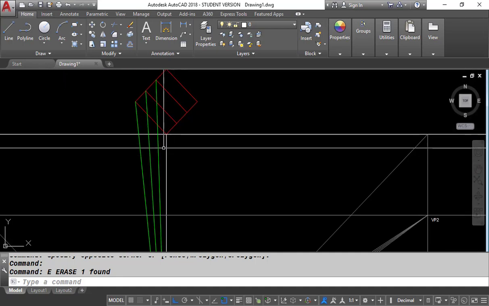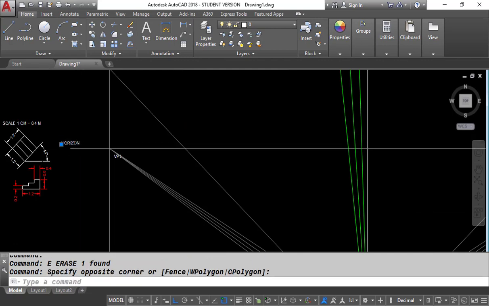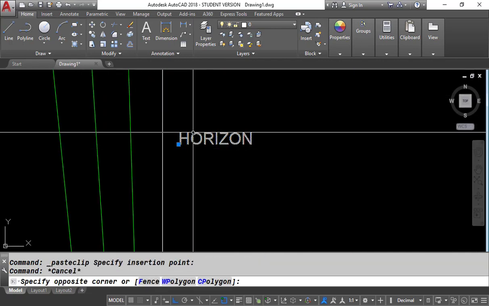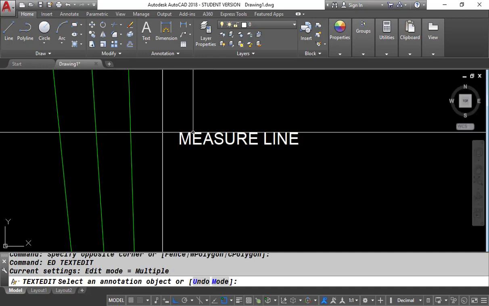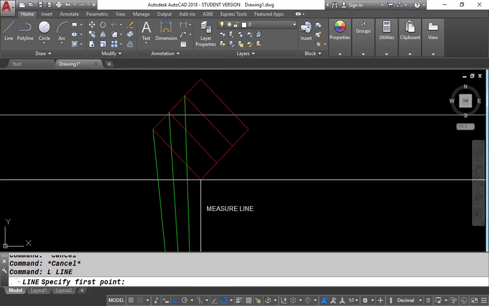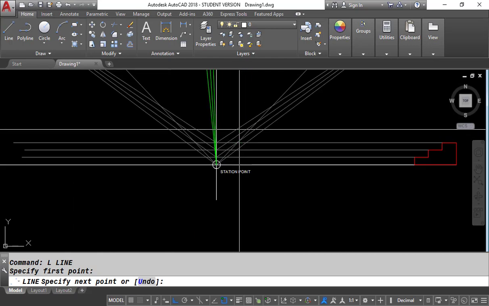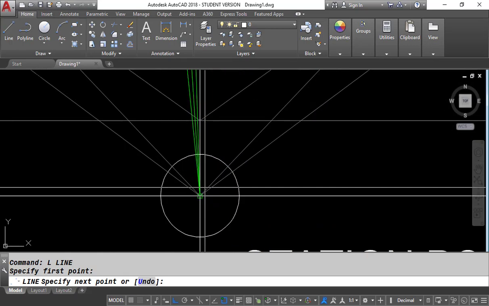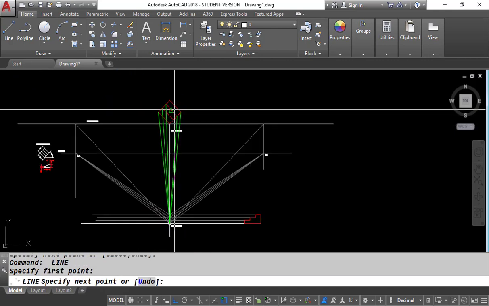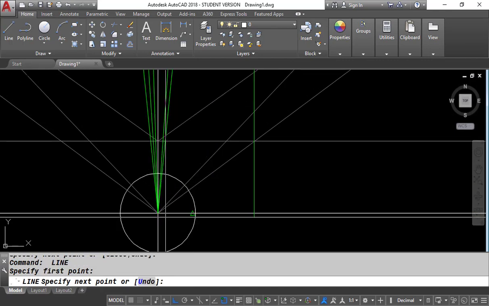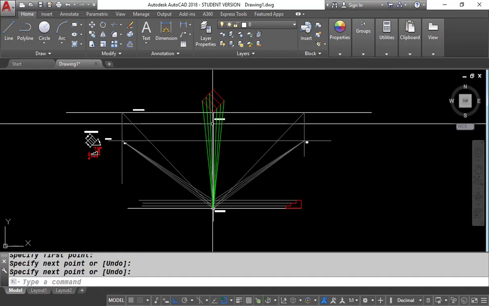Okay, and this line is our measure line. This is our measure line. Okay, and again connect this point to this point, from this point to this point, and lastly this point to this point. So all these points we have to connect.